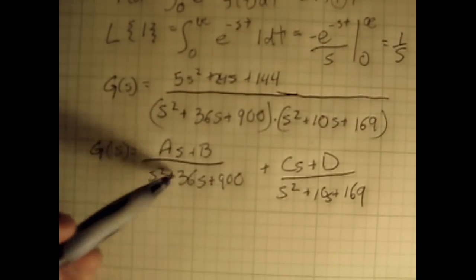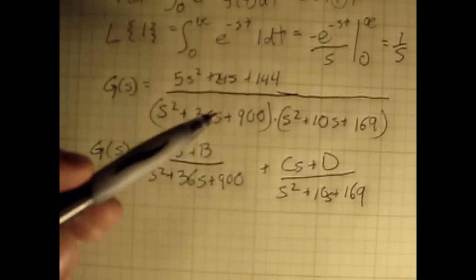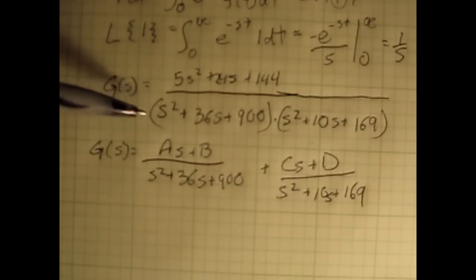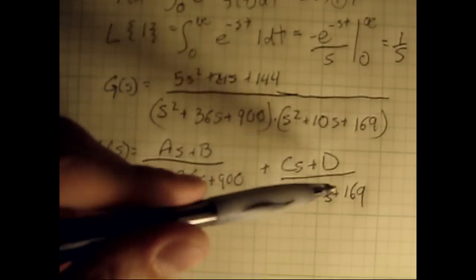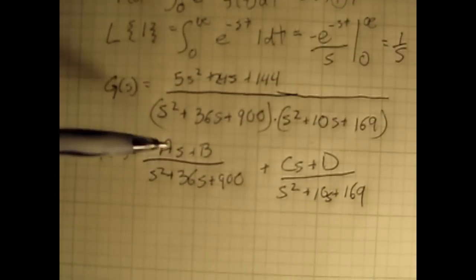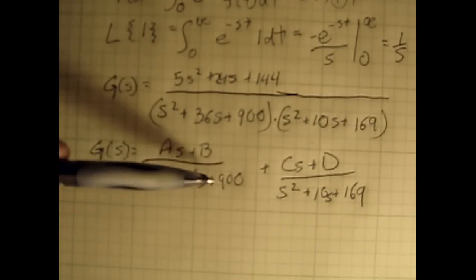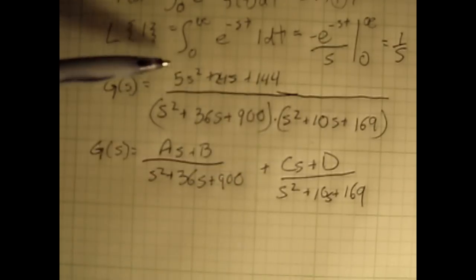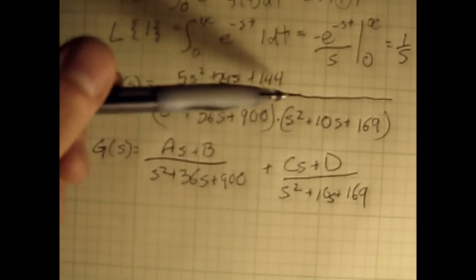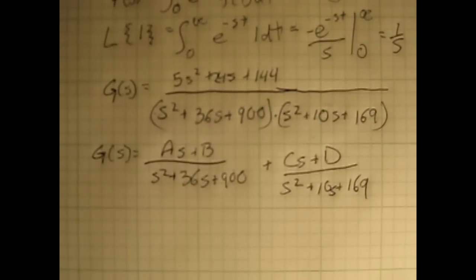We'll get the same denominator as on this side. So therefore we can say that s squared plus 10s plus 169 times as plus b, plus s squared plus 36s plus 900 times cs plus d, is equal to this top number, because they all have this common denominator across both sides of the equal sign.